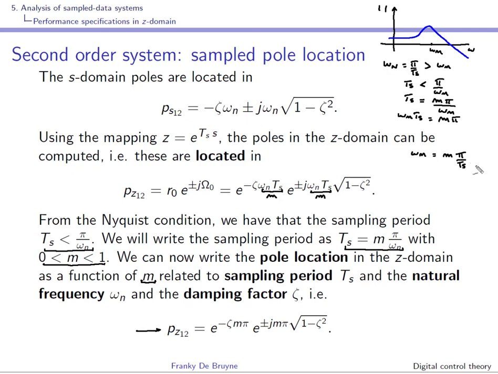We will see later that we can use this. And m, that's the interpretation, is the ratio of the natural frequency divided by the Nyquist frequency.